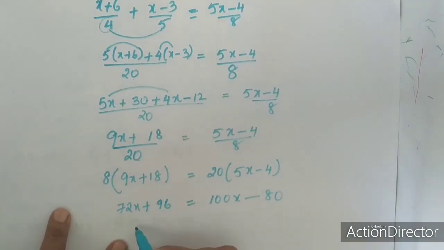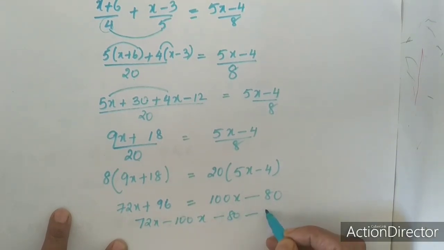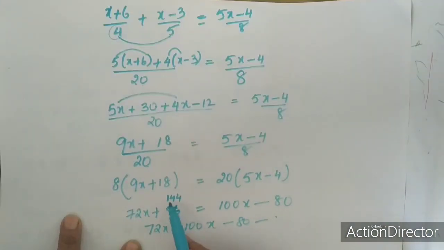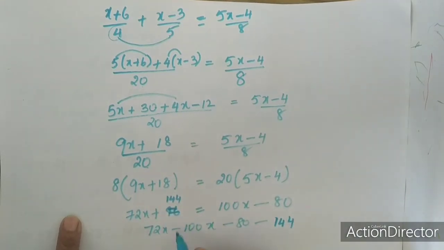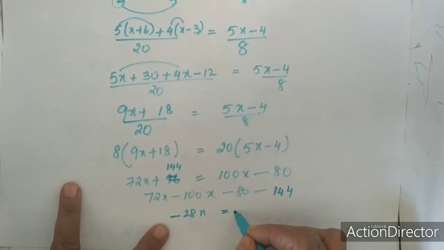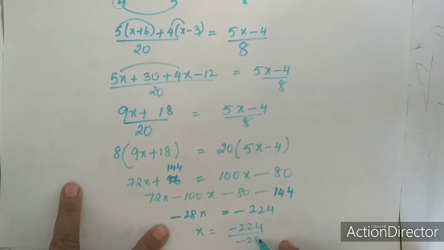Equating the like terms, 72x minus 100x is equal to minus 80 minus 144. 18 into 8 is 144. So it is minus 144. And here it will be minus 28x is equal to minus 224, or x is equal to minus 224 upon minus 28, which is equal to 8.